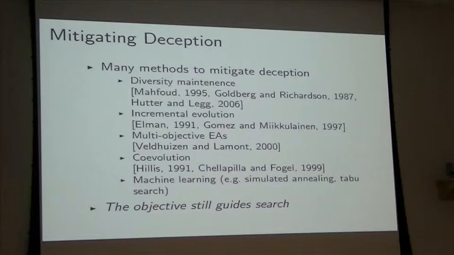But the problem with all of them is that ultimately the objective is still guiding search. You're still using a fitness function. You're still trying to direct search towards something. And if the deception is perverse enough, which it seems to get to that point the more ambitious your objective is, then these methods ultimately will not scale as well as perhaps something not guided by an objective.